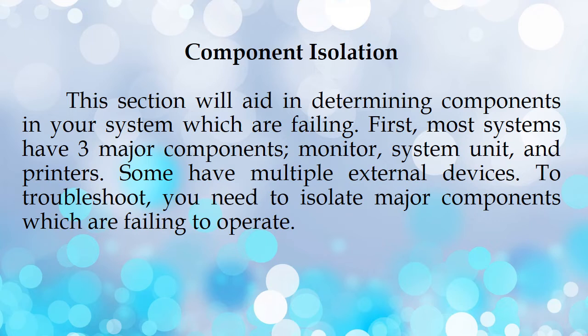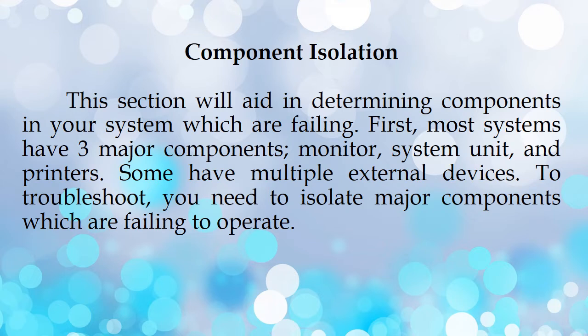Then we also have component isolation. This section will aid in determining which components in your system are failing. First, most systems have three major components: the monitor, the system unit, and the printers. Some have multiple external devices. To troubleshoot, you need to isolate the major components which are failing to operate.